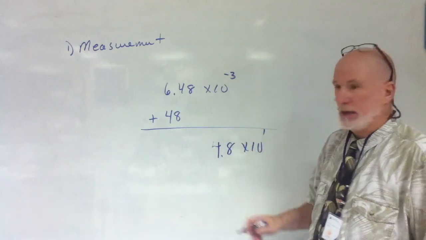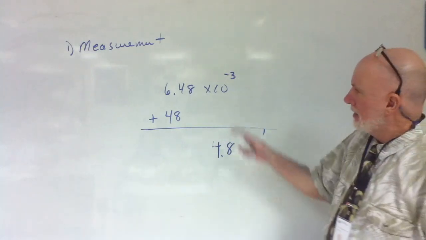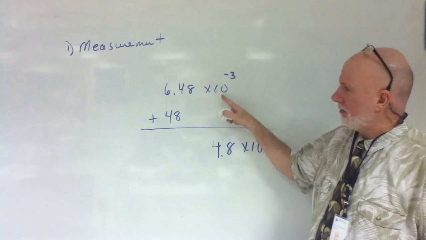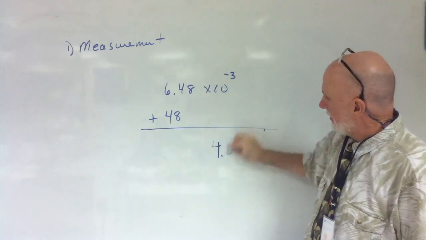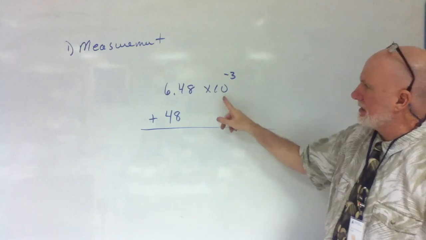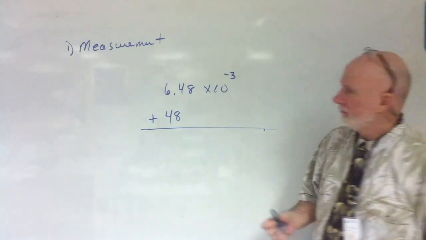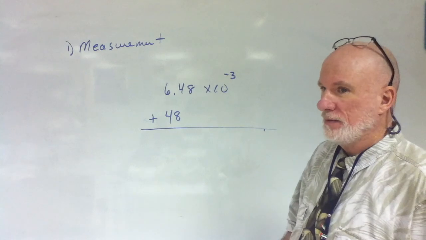It would be a little easier to see conceptually. Make that 10 to the 0, because this is 10 to the 0, isn't it? What would this be, 10 to the 0? 0.00648.